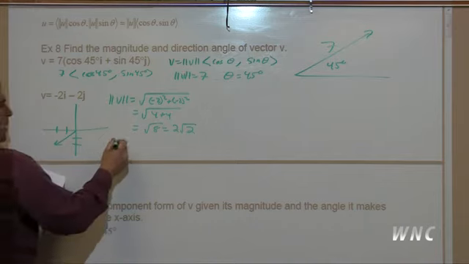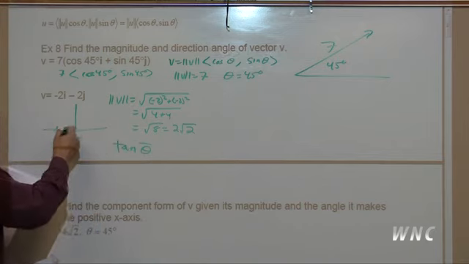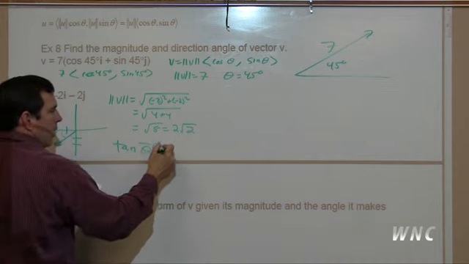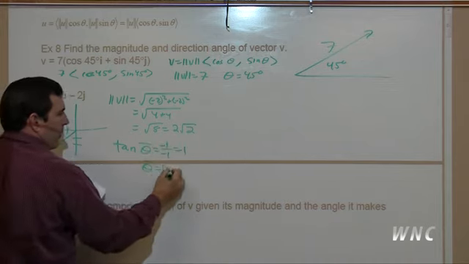Now, tangent of theta bar, a reference angle, is -1 over -1, which is 1. So theta bar would be 45 degrees.